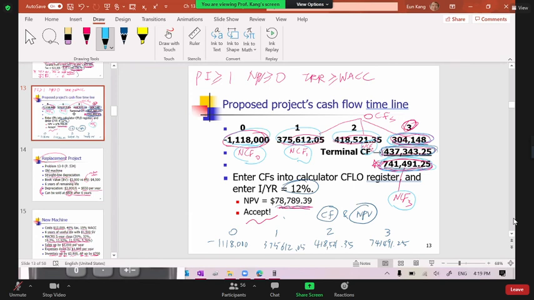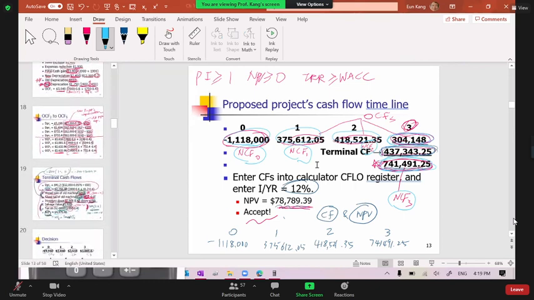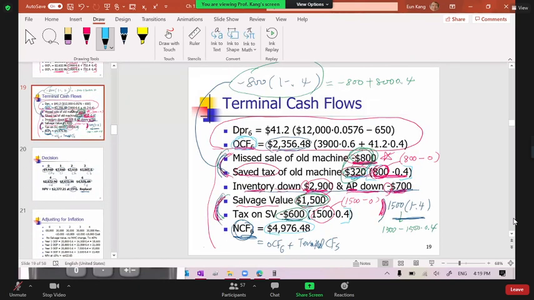Oh, check. Wow. Thank you for asking, big participation point. Yeah, 420. To answer your question, you just add operating cash flow plus all those numbers: minus 800 plus 320 plus 2900 minus 700 plus 1500 minus 600. Or this plus 800 times 1 minus 0.4 plus 2900 minus 700 plus 1500 times 1 minus 0.4.